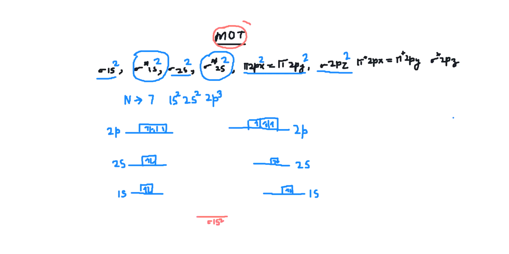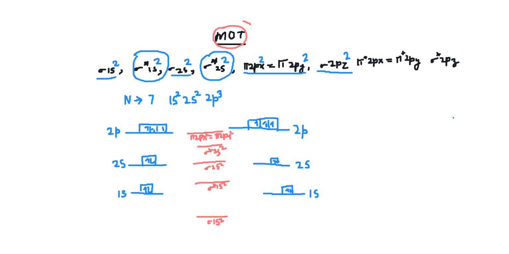We know it has sigma 1s2, that you write here, and then you write sigma star 1s2, and then you write sigma 2s2, and then sigma star 2s2, and then you write pi 2px equal to pi 2py.